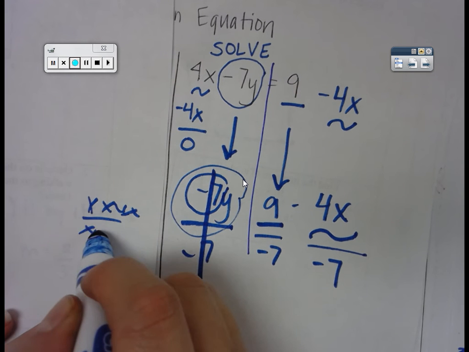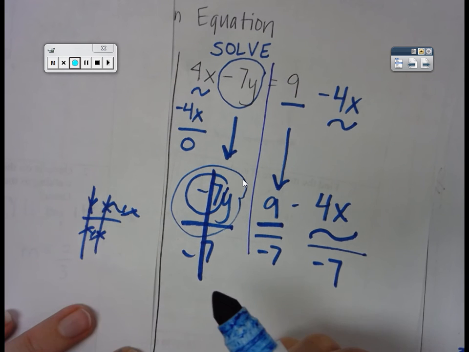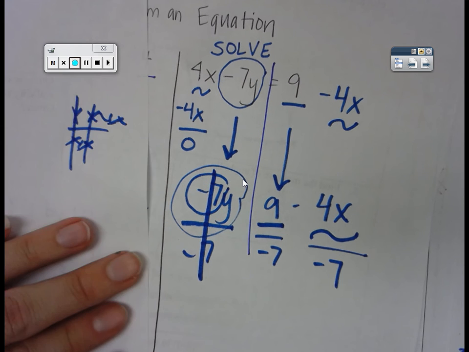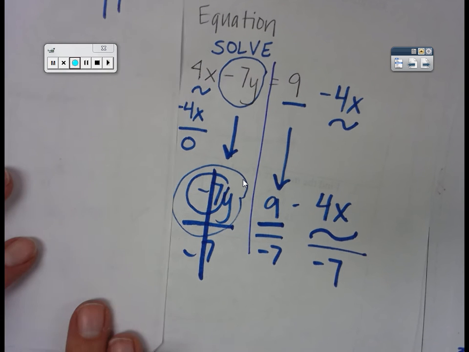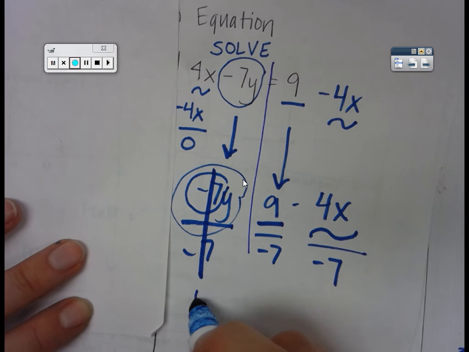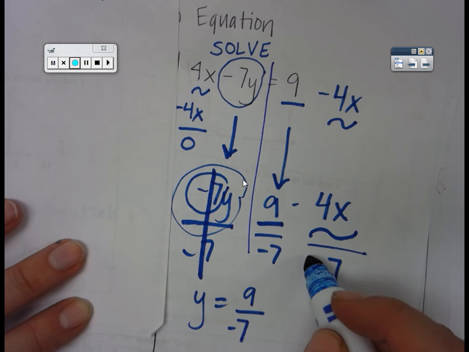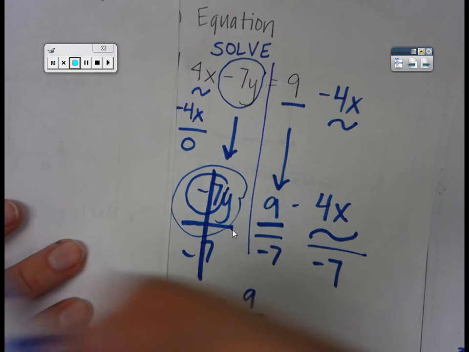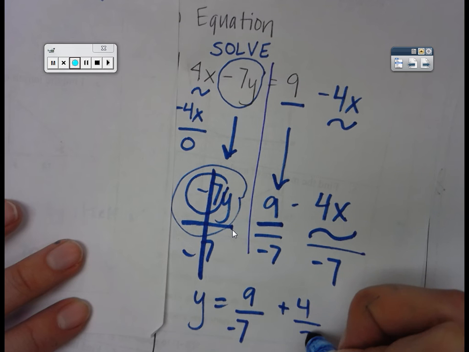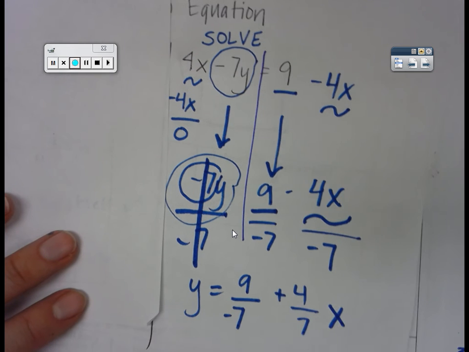Over this x, we made 1. Same thing here. So what's left over? Y equals, bring this down, negative divided by negative is a positive, so positive 4 over 7x.